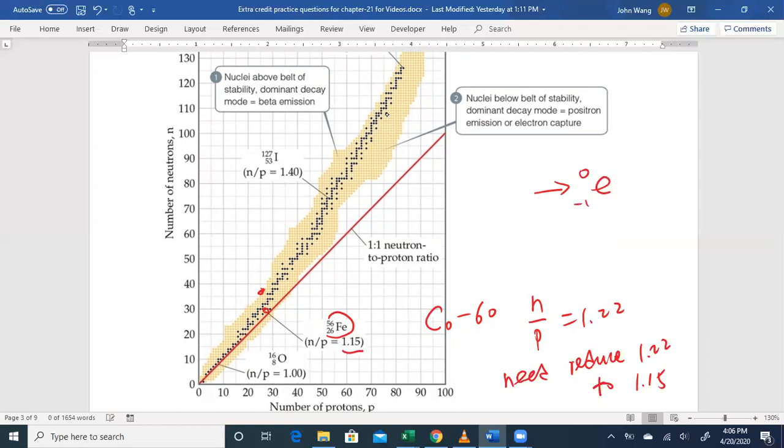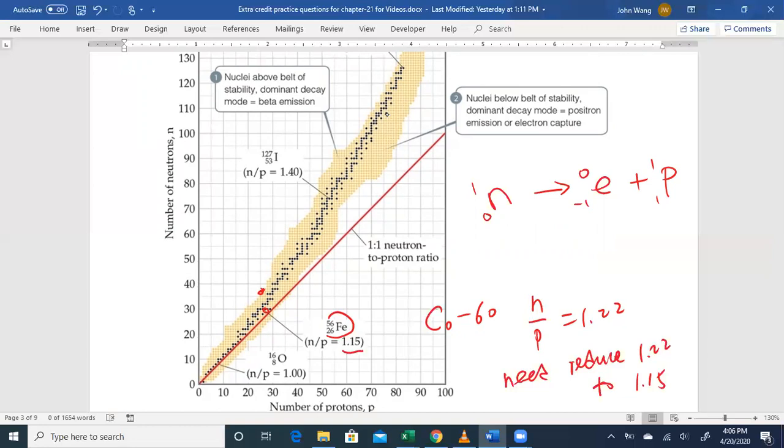And you think about in the nucleus, what we have is neutron and proton. So the best choice is starting with a neutron and then producing a beta particle, a high speed electron, and then producing the proton. So you can see the equation balance: 0 equals -1 plus 1, 1 equals 0 plus 1.